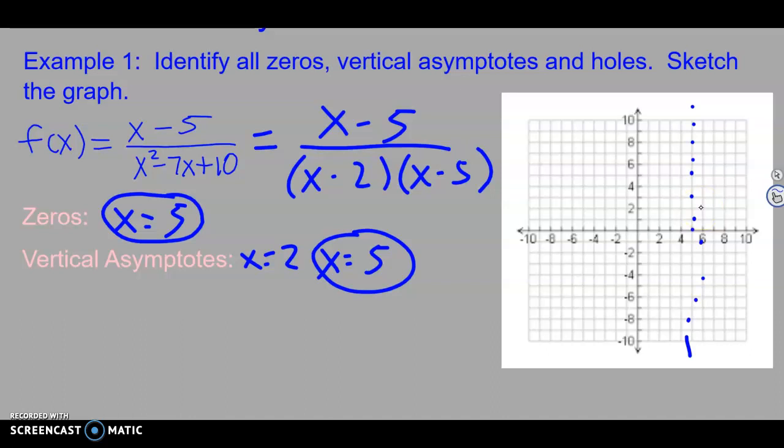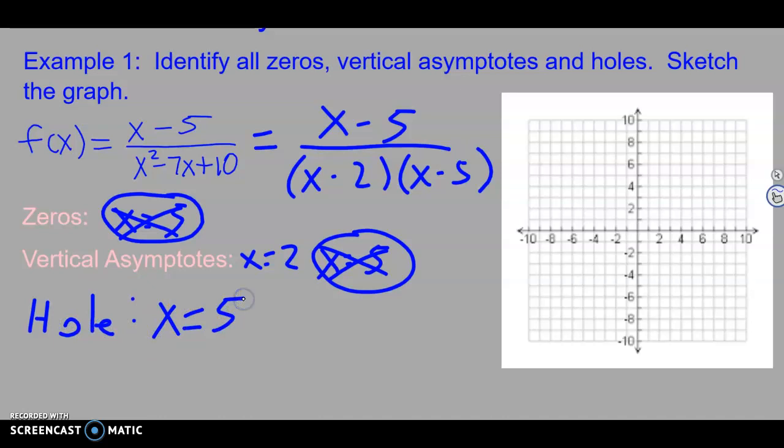So therefore, this is a contradiction. And this contradiction is the definition of where a hole occurs on a graph. Your graph will have a hole when something is both a 0 and a vertical asymptote. It can't be both. So we say there's going to be a hole in our graph at x equals 5.